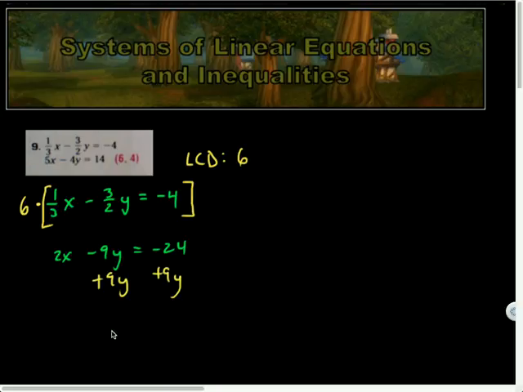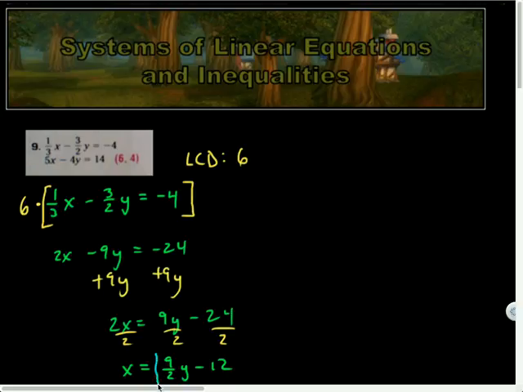So 2x equals 9y minus 24. And then to get x by itself, I could divide everybody by 2, like that. You could technically write this right-hand side as all over 2, but I usually find it better to just write it that way. So my revised equation is x equals 9 halves y minus 12.